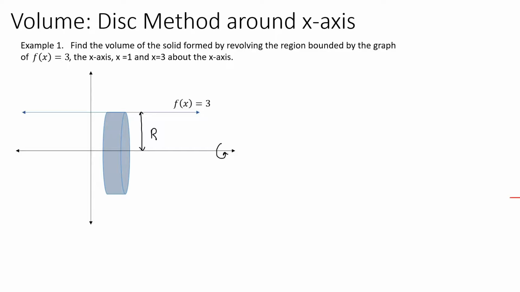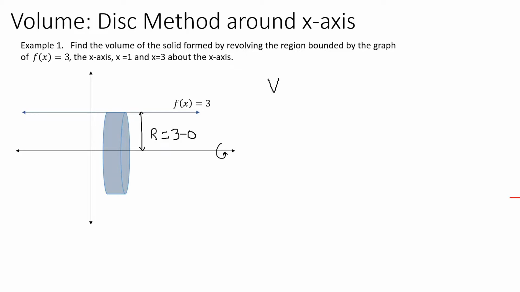In this case, it happened to be your x-axis, so your radius will come out to be 3 minus 0. Now that we have our radius, we could see that this is a disk method because when you rotate around the x-axis, it will form a nice solid three-dimensional shape.